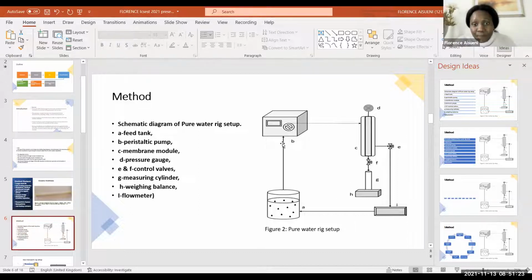Basically, the emulsion passes through the pump and the membrane module, which separates oil from water, and the permeate comes out into the measuring cylinder on the weighing balance. Whatever is not separated by the membrane passes out through the retentate through a flow meter and back into the feed tank. So it's a continuous process.